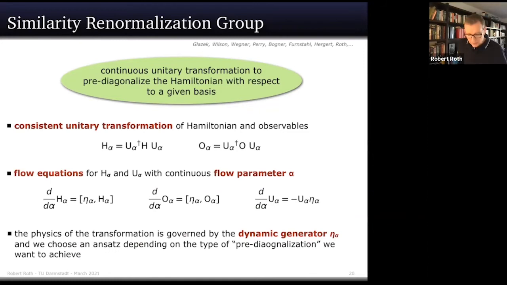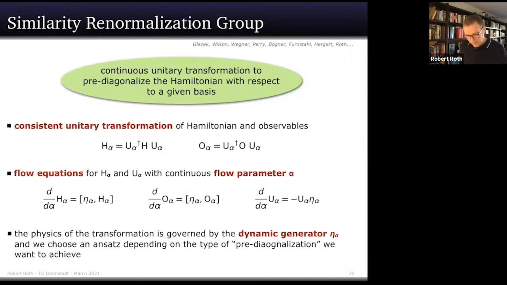It starts out with this unitary form, same for any other observable O, and you convert it into this first order differential equation for the Hamiltonian and corresponding differential equations for any other operator, because you have to treat them consistently. And you have this relation which connects the generator to the unitary operator u itself, which is just the definition rewritten a little bit from before.